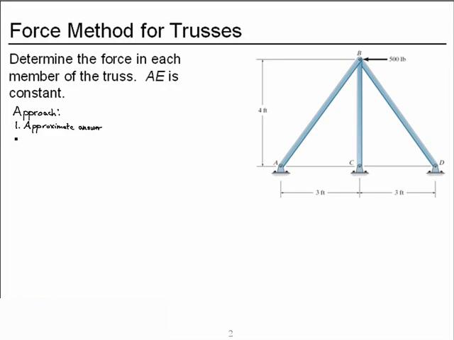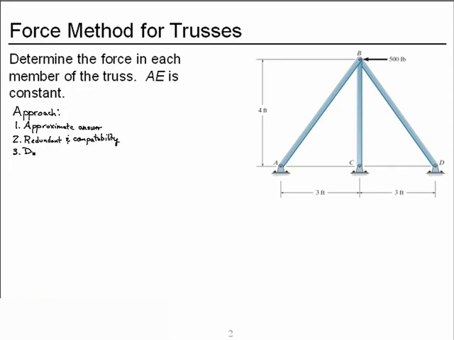And so we'll use our approximate answer to compare against. And we'll begin the force method by calculating the degree of indeterminacy so that we can figure out how many redundants we need, choose them, and write our equations of compatibility.